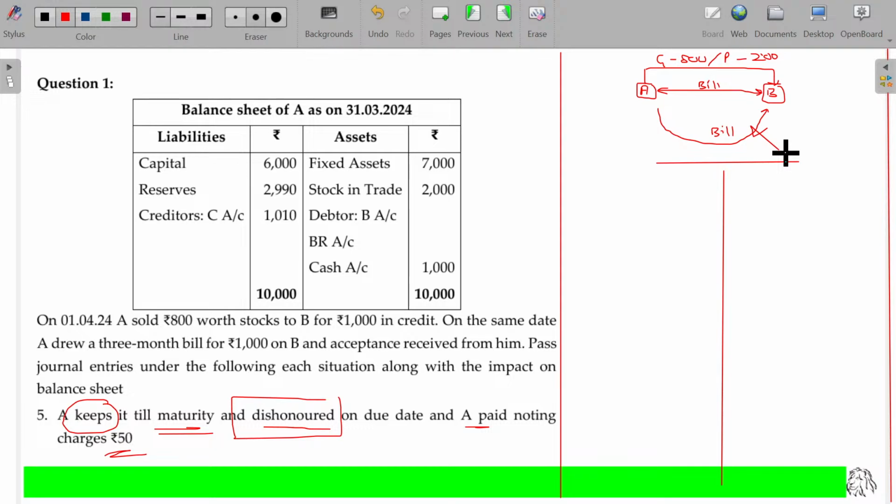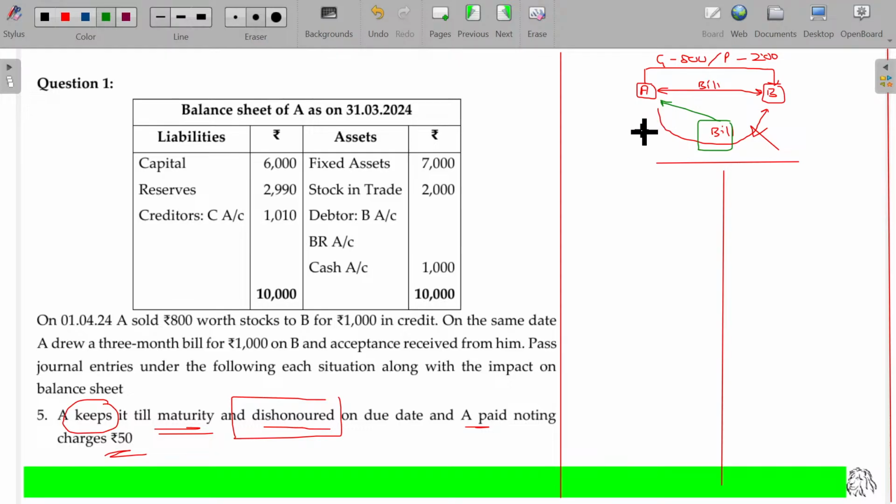As B failed to pay, A has to ensure the bill is recorded as dishonored. For that purpose, he approaches the notary public and gets attestation. That is called noting. After noting, he takes the bill back.